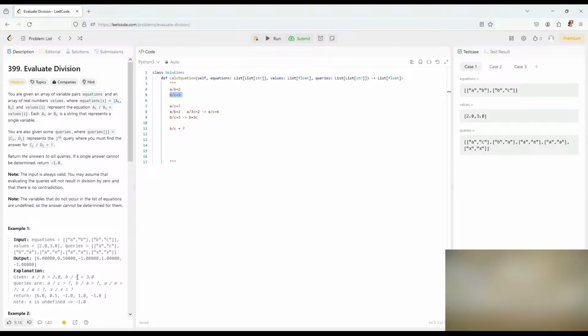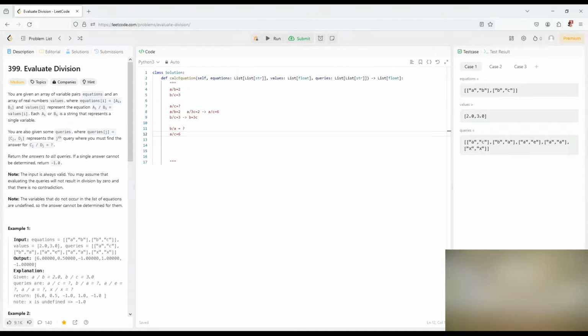Oh, B divided by A. B divided by A, okay. So there is no C here, so this is how we're going to replace C. Yeah, simple. Now we know what A divided by C equals, 6.